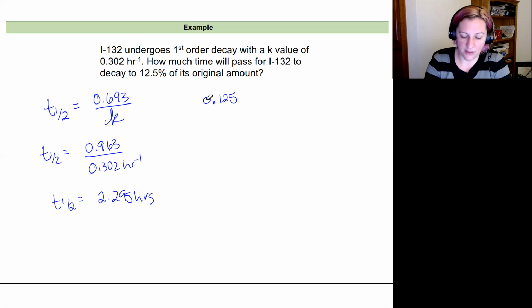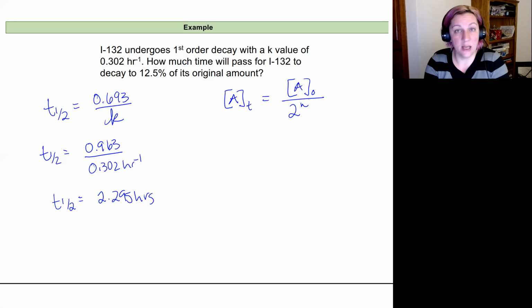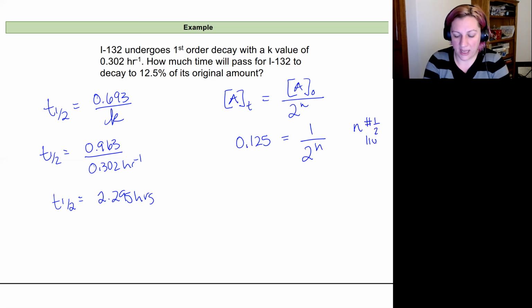So thinking about this in terms of our concentration at time t is equal to that initial concentration divided by 2 to the n will tell us the number of half-lives. We're really looking for then 0.125, that's our 12.5%. That's going to be equal to 1 over 2 to the n, where n will be the number of half-lives that pass.